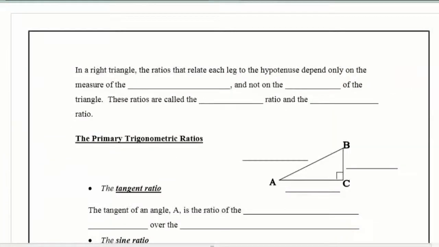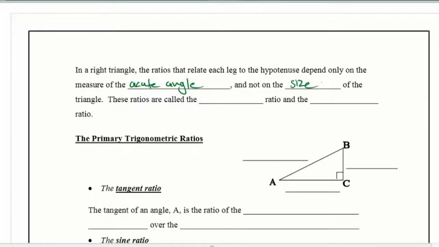So in a right triangle, the ratios that relate each leg to the hypotenuse depend only on the measure of the acute angle. Acute angle is that angle in the corner we're talking about, and not the size of the triangle.